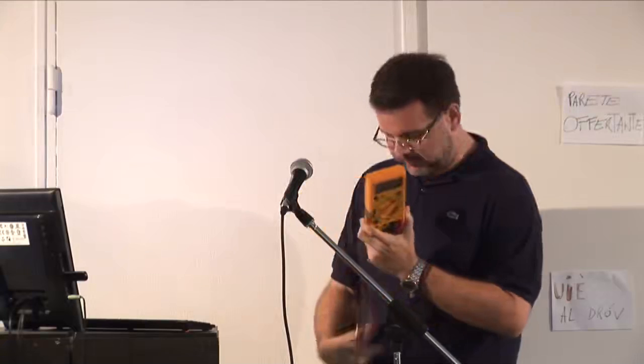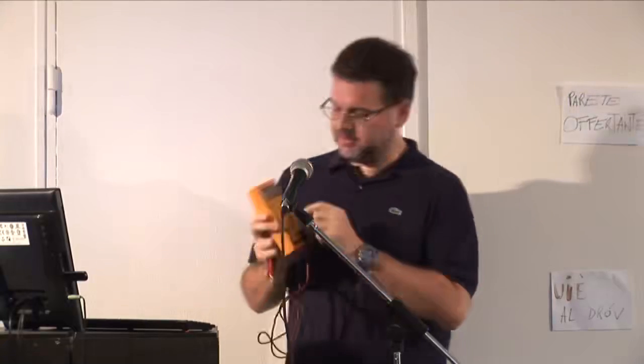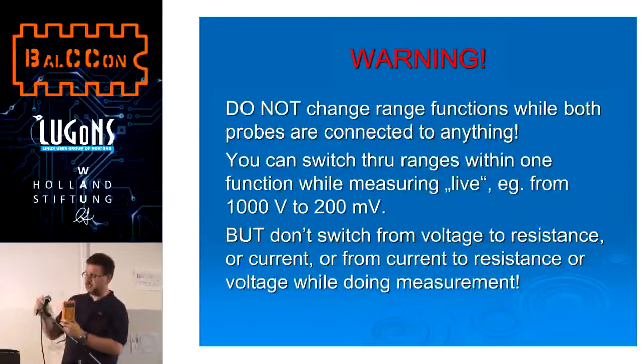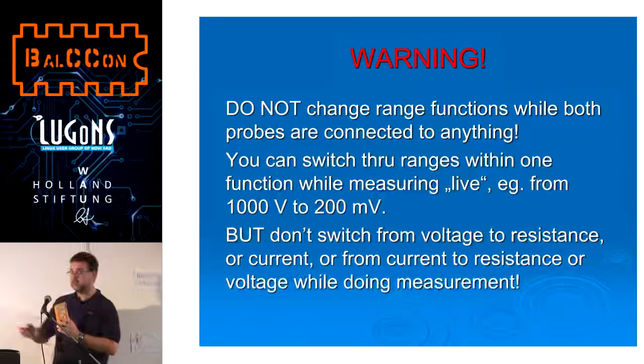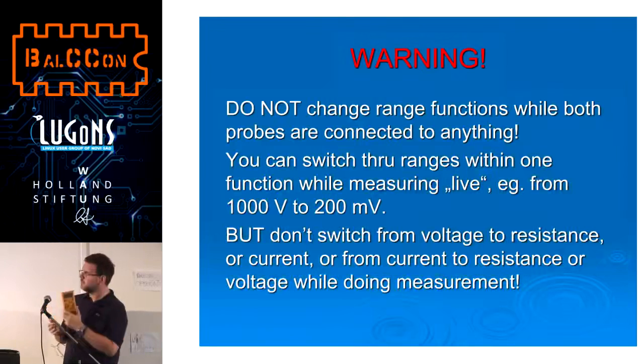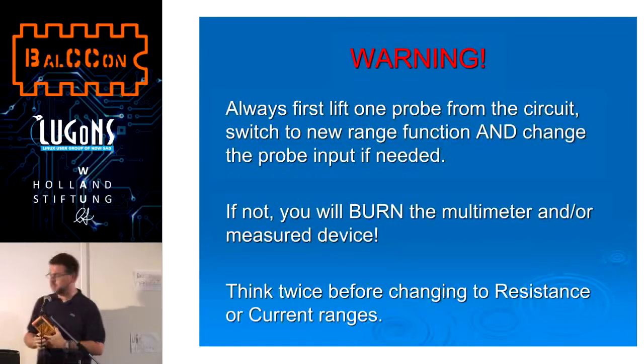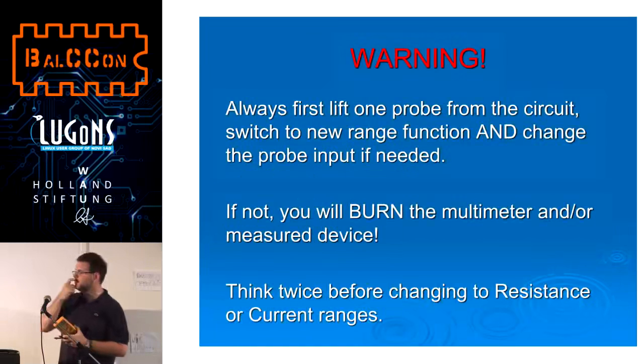You have to remember, never ever change the function while measuring. So, if I'm going to measure some voltage and then decide, okay, I will measure some resistance, don't leave your probes in the voltage position or you'll burn something, the multimeter or the device that you are measuring.